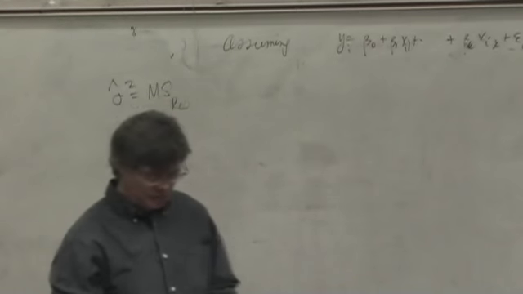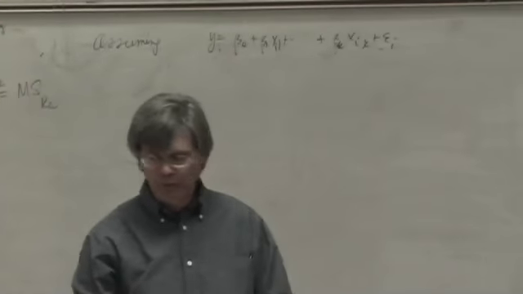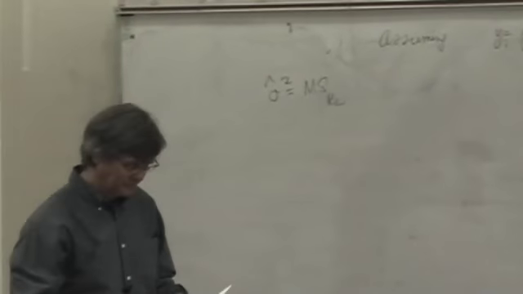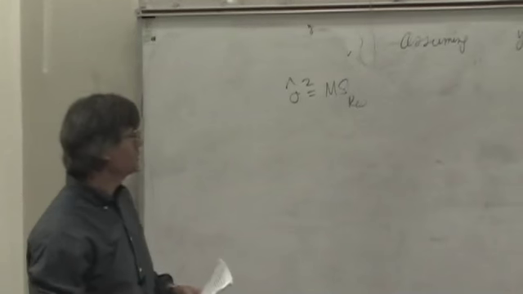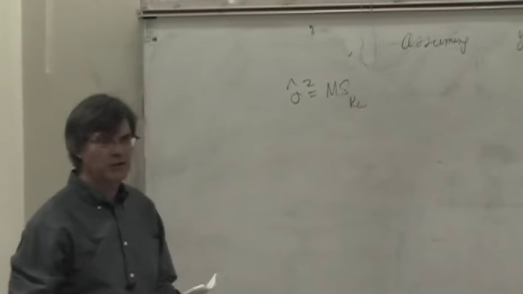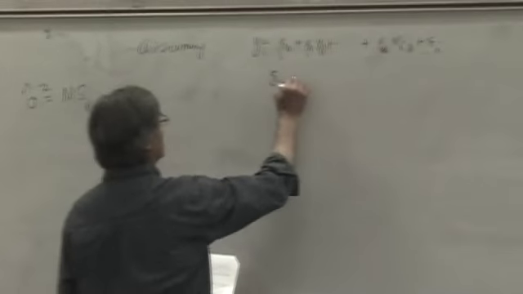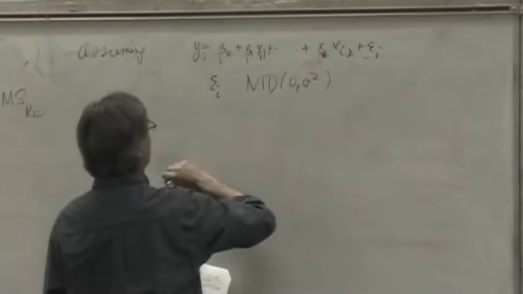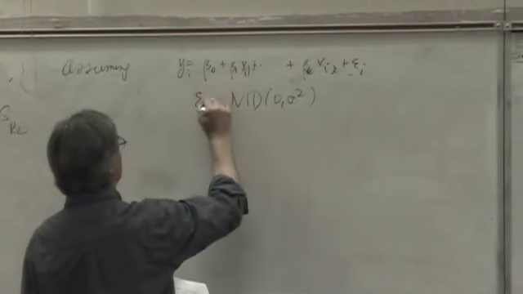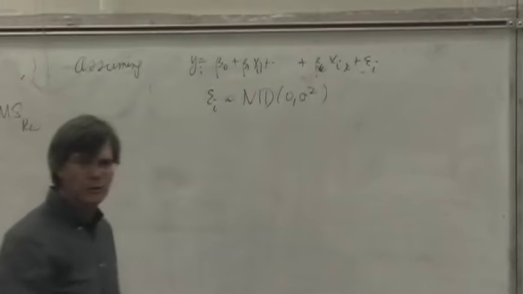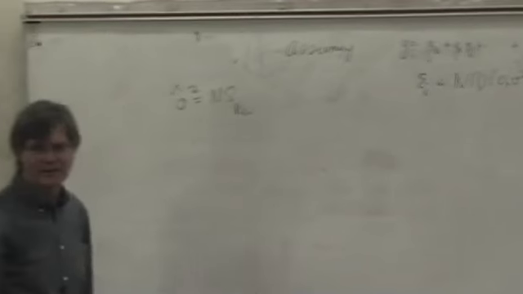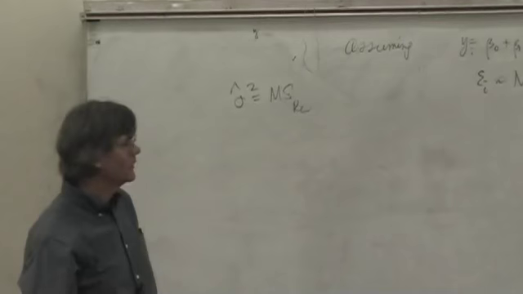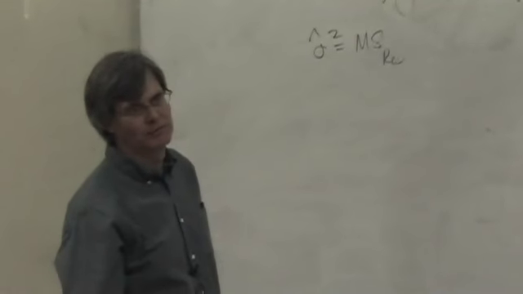I think the model assumptions are given on page 131, the beginning of chapter 4. There are assumptions 1 through 5. Under those assumptions, sigma hat squared is an unbiased estimator of sigma squared. Basically, this is the normality assumption: epsilon_i NID(0, sigma squared). That summarizes the whole business: constant variance, independent, normal.